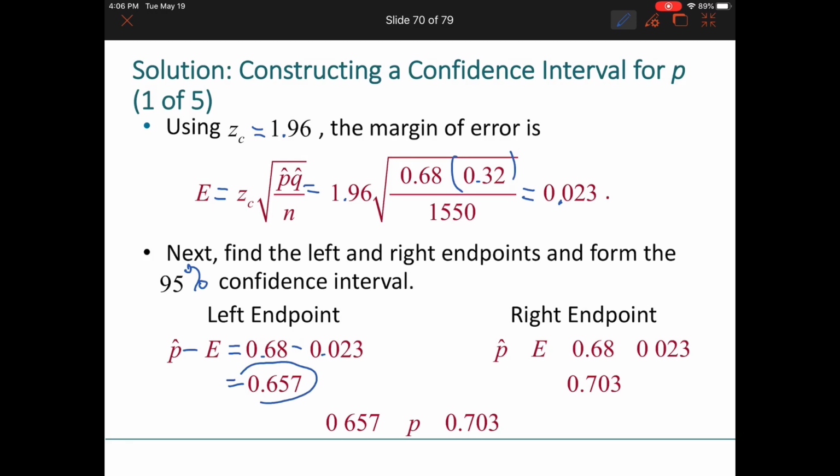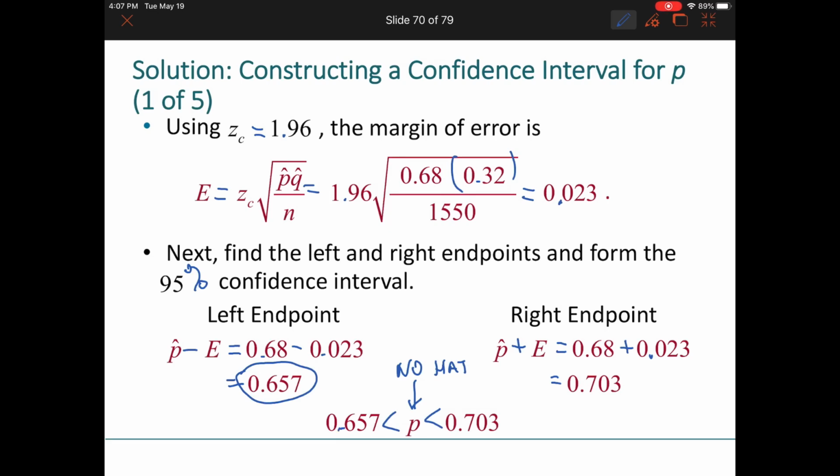So to calculate these things, you take your p hat, put a few decimal points in, subtract the margin of error, and you get the lowest number that's believable, 65.7%. And the highest number that's believable is found by adding the margin of error. This should be routine by now. That's why I'm going a little faster through it. Now we're up to 70.3%.